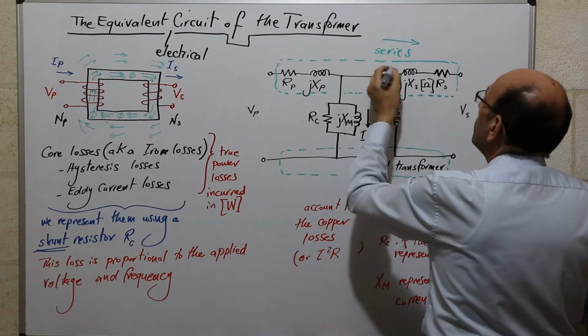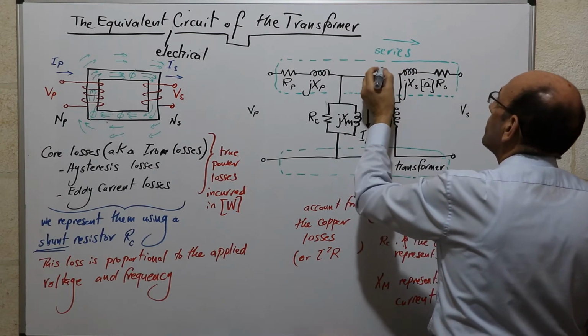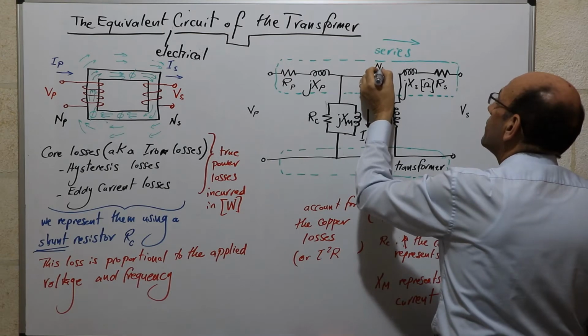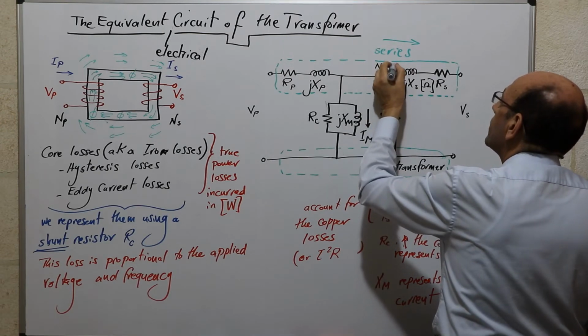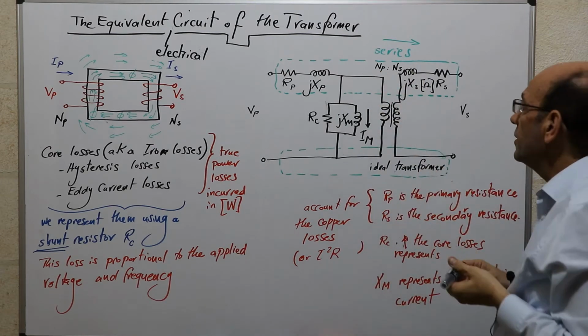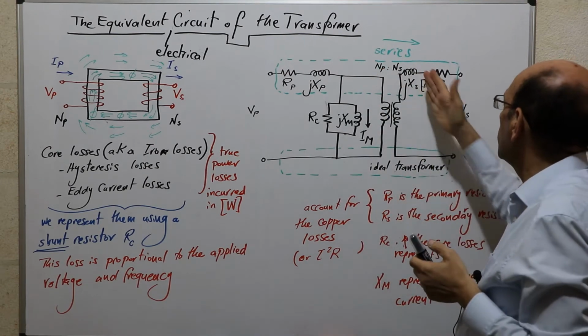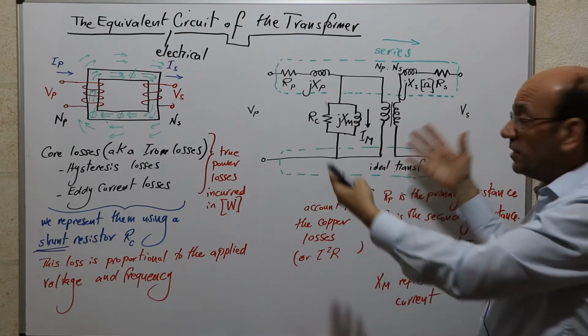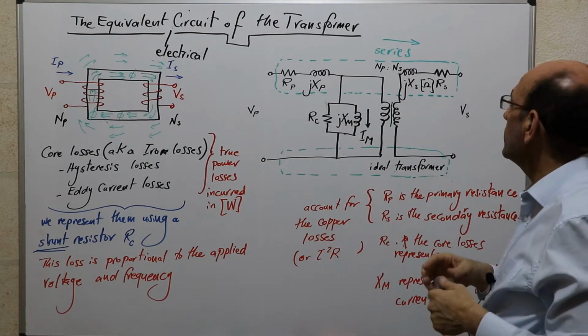And this transformer will do the stepping up or stepping down. So we would have NP turns and NS turns, and NP to NS is the voltage reduction ratio between this part and this part. This completes the full model of a transformer.